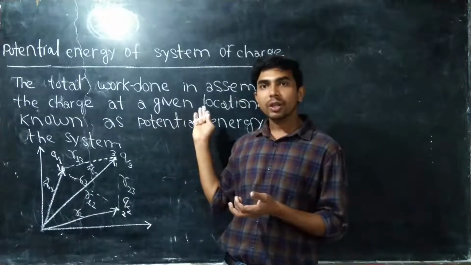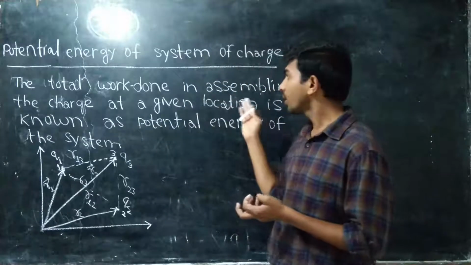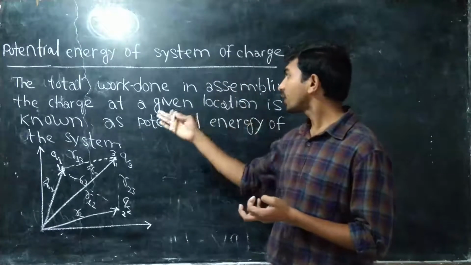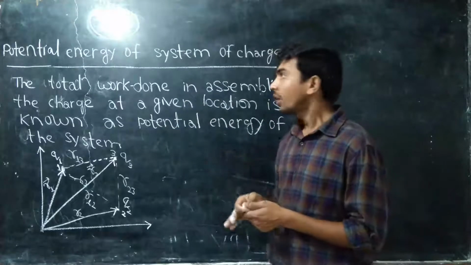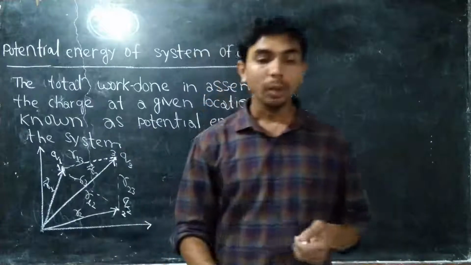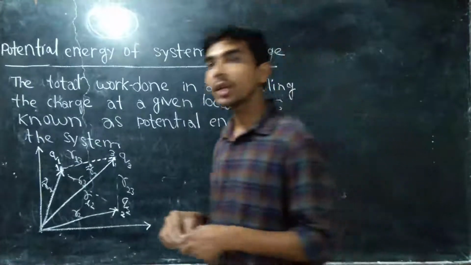Already I wrote the definition on the blackboard, you are able to see. The total work done in assembling the charges at a given location is known as the potential energy of a system. So we have to find the potential energy.